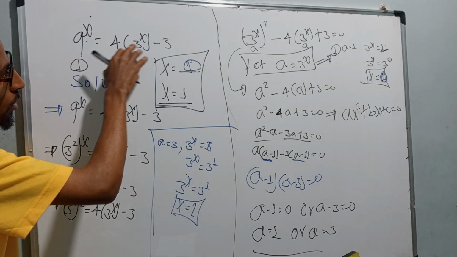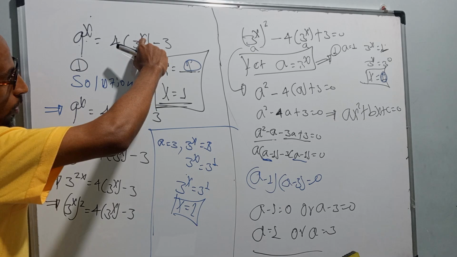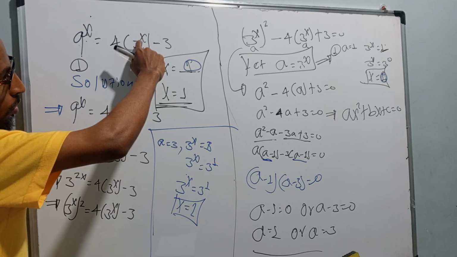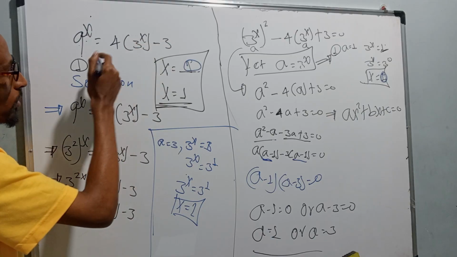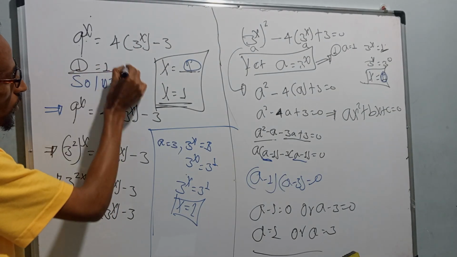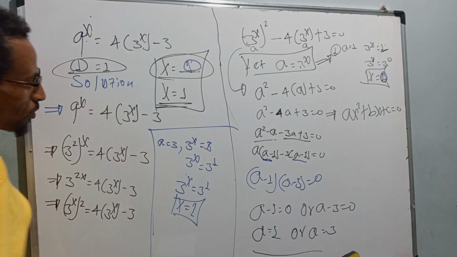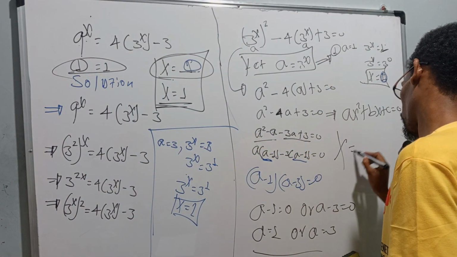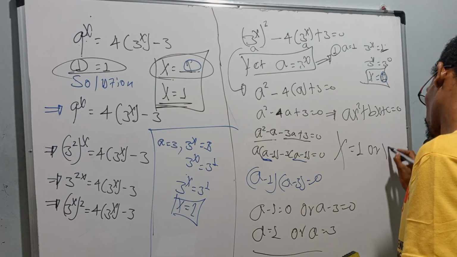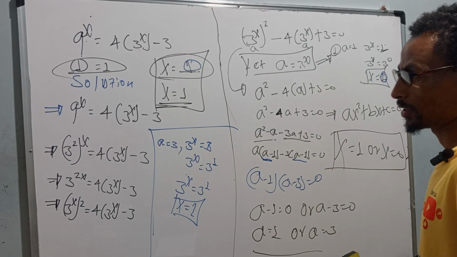When we substitute 3 to the power of x, the value of x is 0. So 3 to the power of 0 is 1. 4 times 1 is 4. 4 minus 3 is 1. So the solutions x is equal to 1, or x is equal to 0, satisfy the given equation.